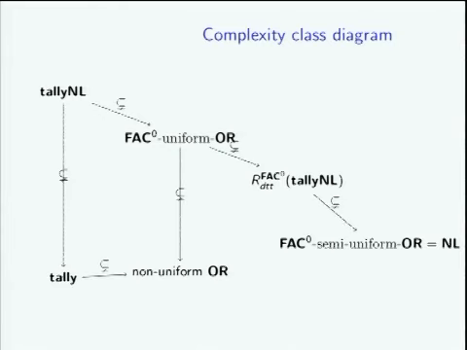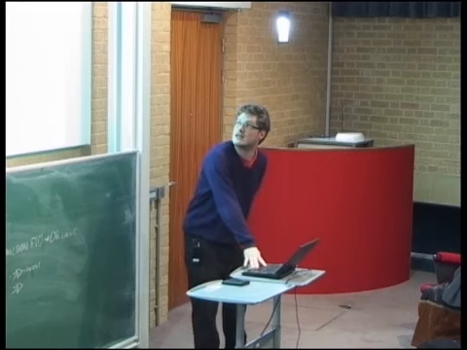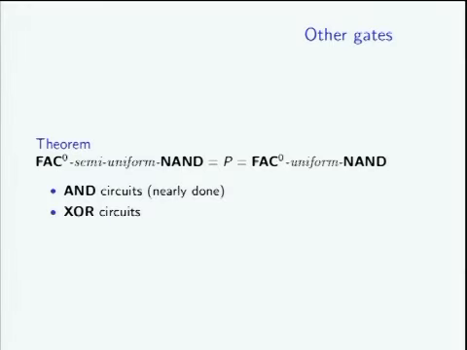So here is our view of the world. While trying to characterize uniform OR circuits, our best lower bound is tally NL. Our best upper bound is disjunctive truth table reducible to tally NL, and we're trying to see if we can improve on that at all. So in future work we want to examine what happens when we put some different types of gates into that system.